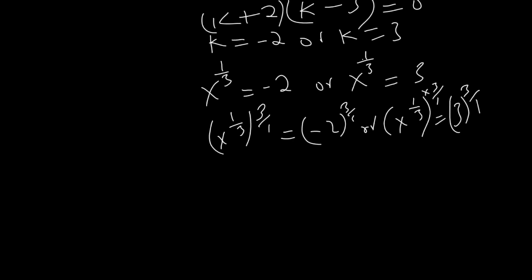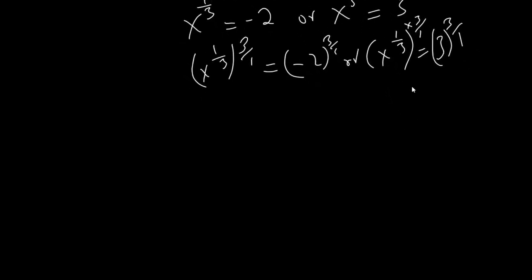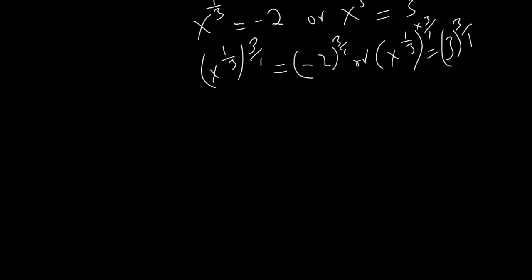I hope you guys can see what I'm trying to do. I'm trying to eliminate the powers, that is why I'm doing all of this. So what do we have?